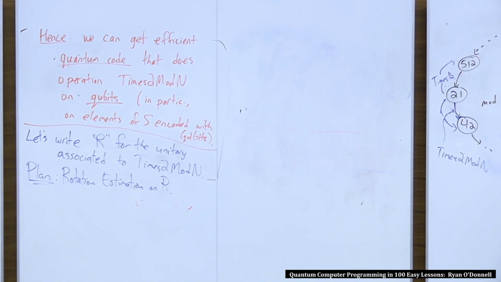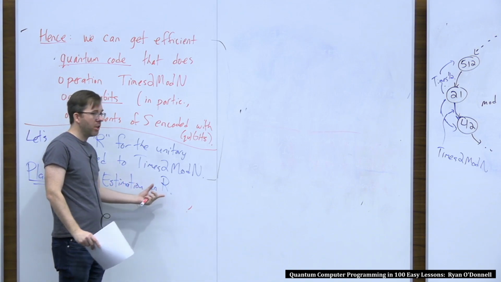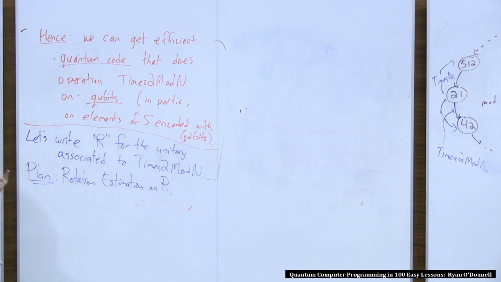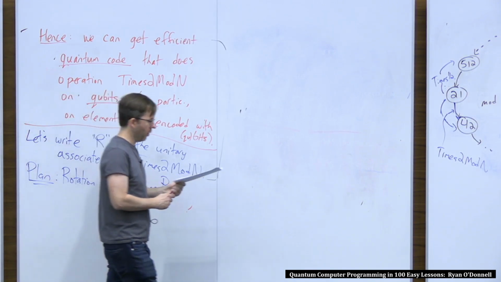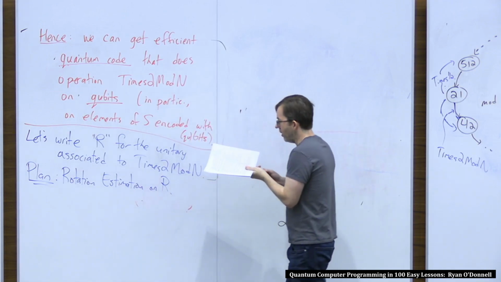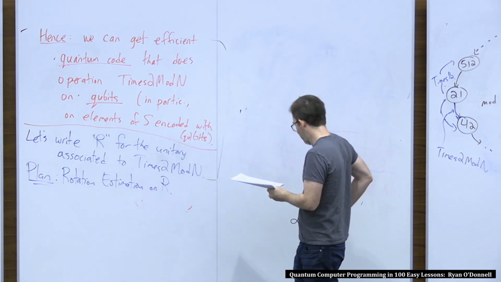But we're prepared for exactly this circumstance through all our previous hard work. Normally you can't get thousands of digits of precision when you do rotation estimation too easily. But you can do it if you happen to have efficient code, not just for R, but also for R to the 10 and R to the 100 and R to the 1,000 and so forth. And good news, we do have that code.